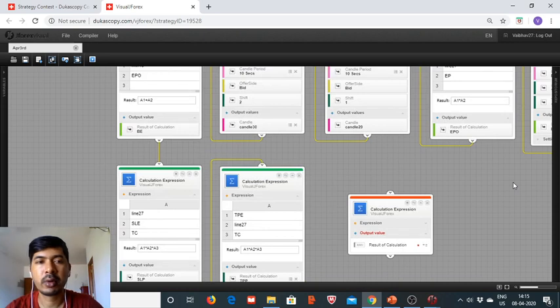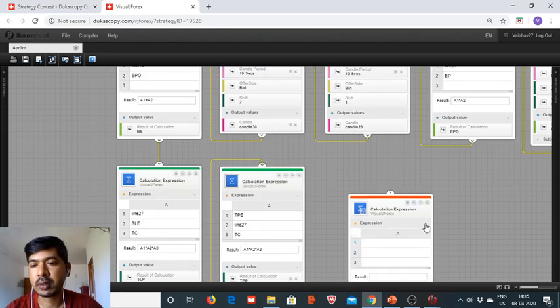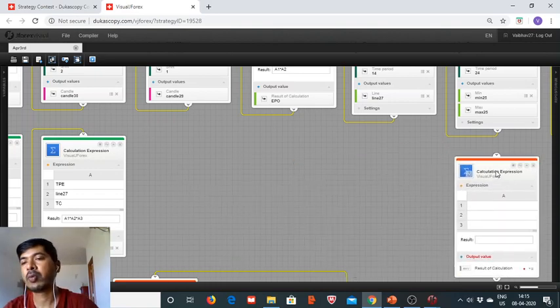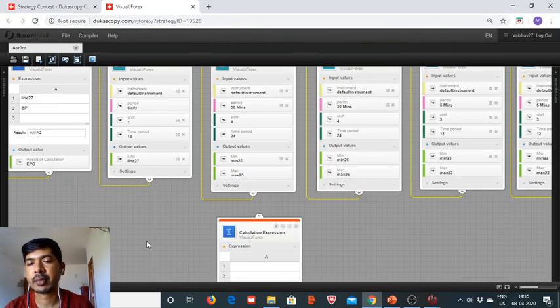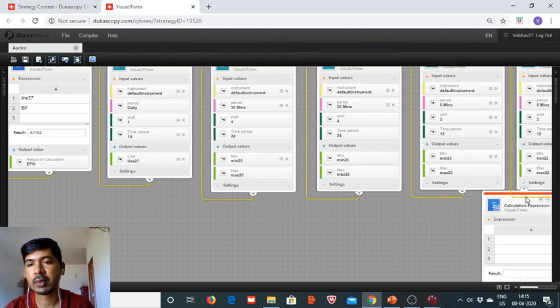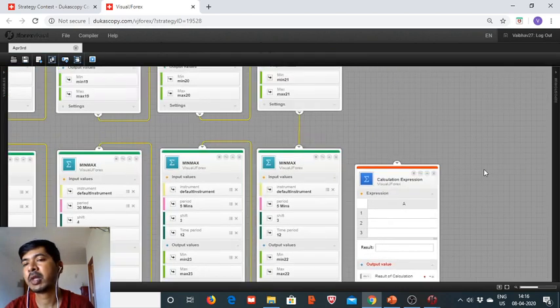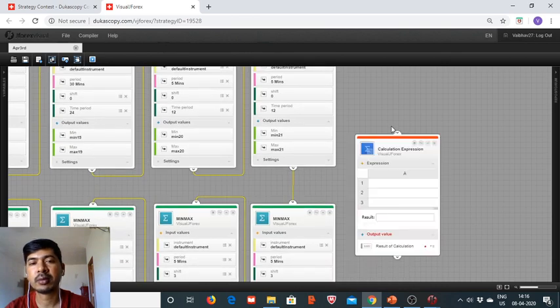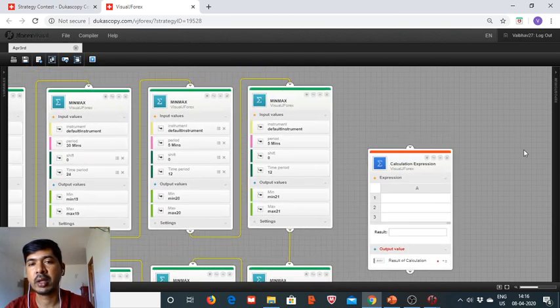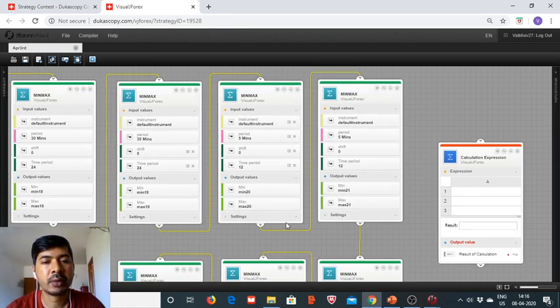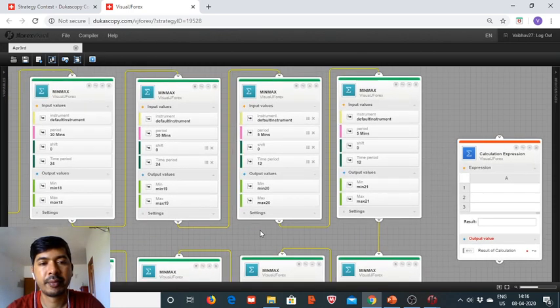We want the maximum value, the current maximum value of the high side. So here it is, maximum.